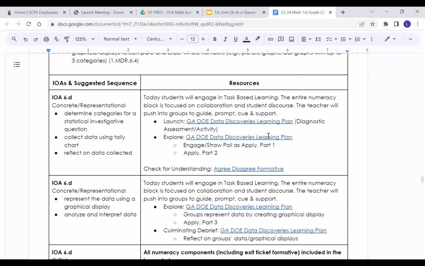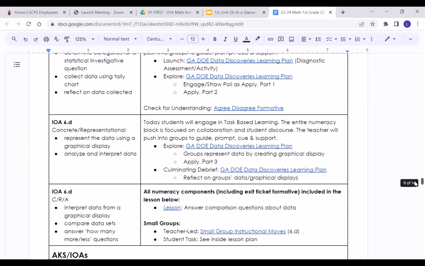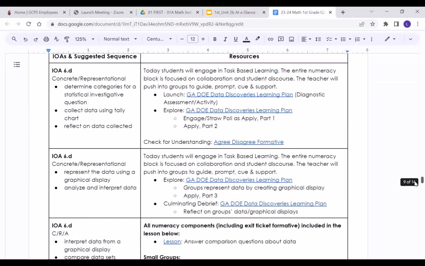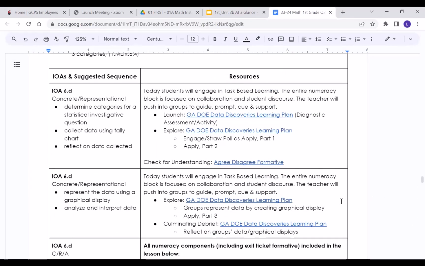The right column of the pacing guide shows the instructional resources that align to the intended learning objectives for each day of instruction. You will either see instructional resources linked for the numeracy components of a traditional teacher-led lesson, like this third day here, or a task-based lesson, which will be your full numeracy block for that day.